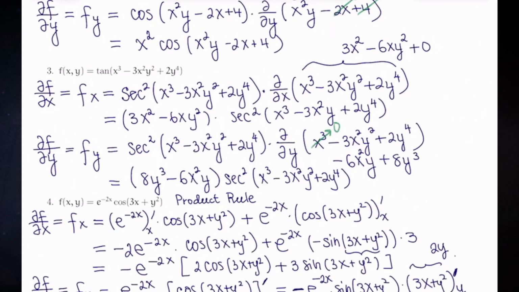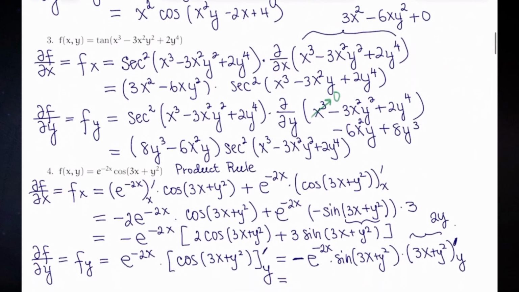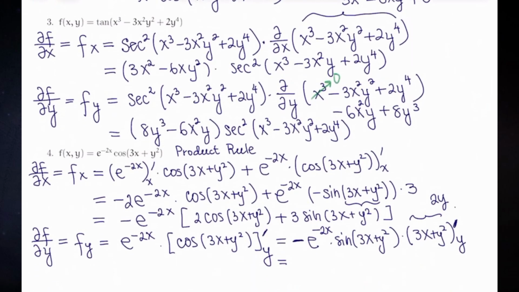So we can write the final answer as negative 2y e to the power negative 2x times sine of 3x plus y squared. So this is how you would compute partial derivatives of functions with respect to x and with respect to y.